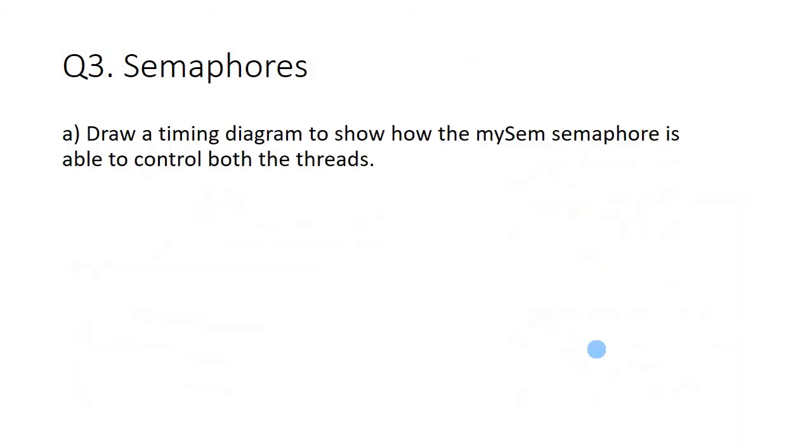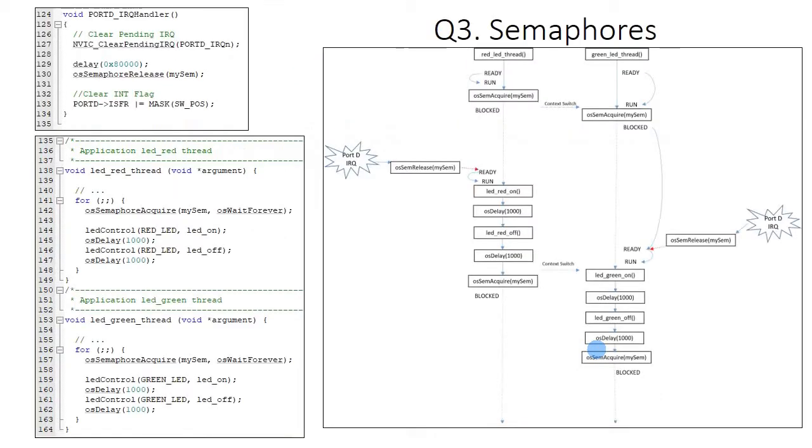And in terms of timing diagram, this is what we have. This is basically what I explained just now, where the red LED thread is the first one to ask for the semaphore, followed by the green LED thread. Since they are both in the queue, they are both waiting for the semaphore.